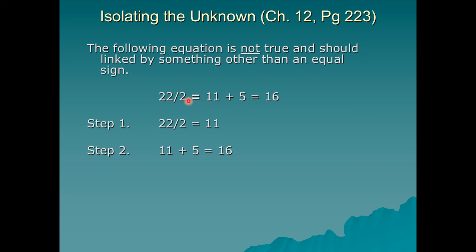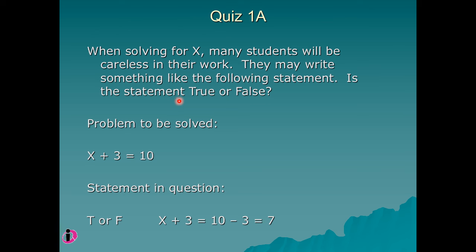So if you are manipulating an equation, make sure you follow some steps. If you are adding 5 on the right side, you should always add 5 on the left side as well, because you always have to keep the left and right sides the same. That's why it's not right.